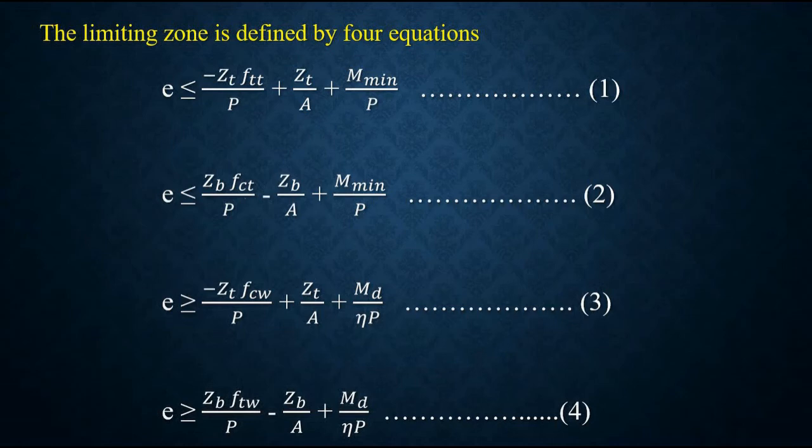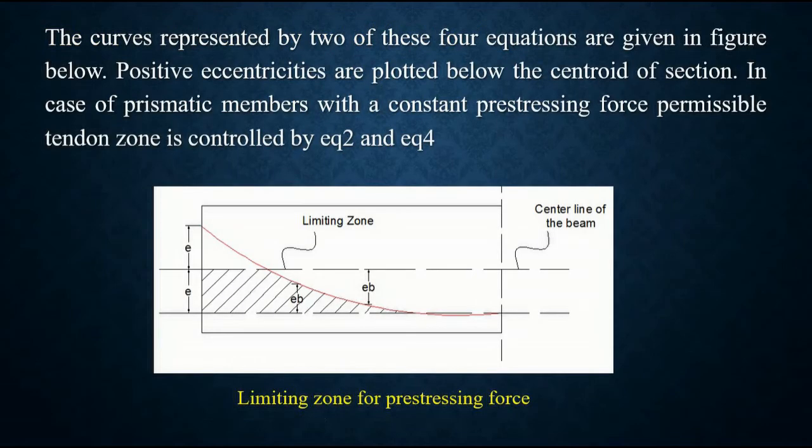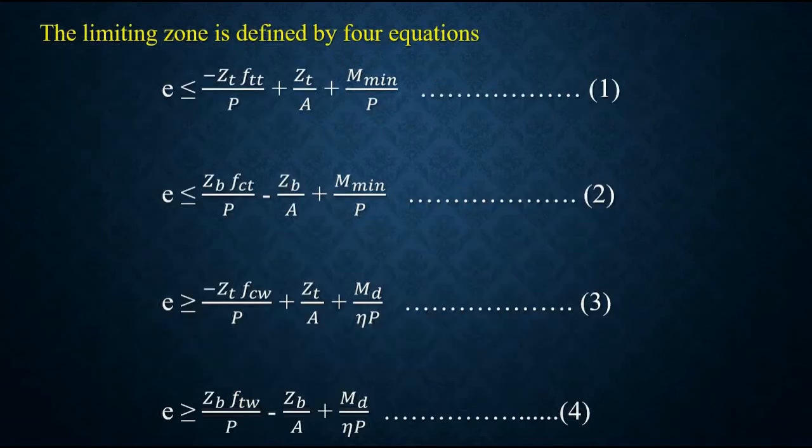The next thing is about the cable profile. I had mentioned that the limiting zone depends on certain conditions. For these two conditions, the minimum eccentricity value will be calculated. Just now I have mentioned it. It is calculated both at the top and at the bottom for the provision of the cable profile.